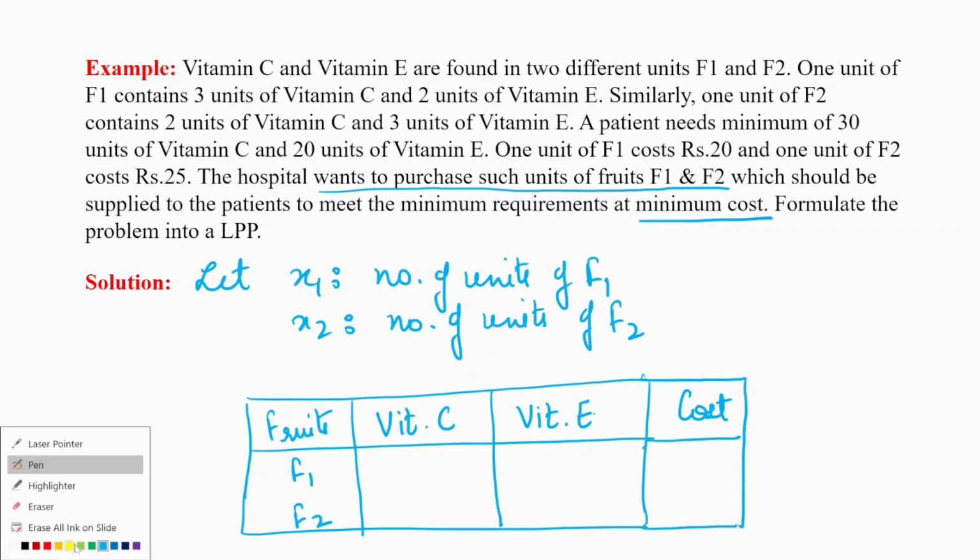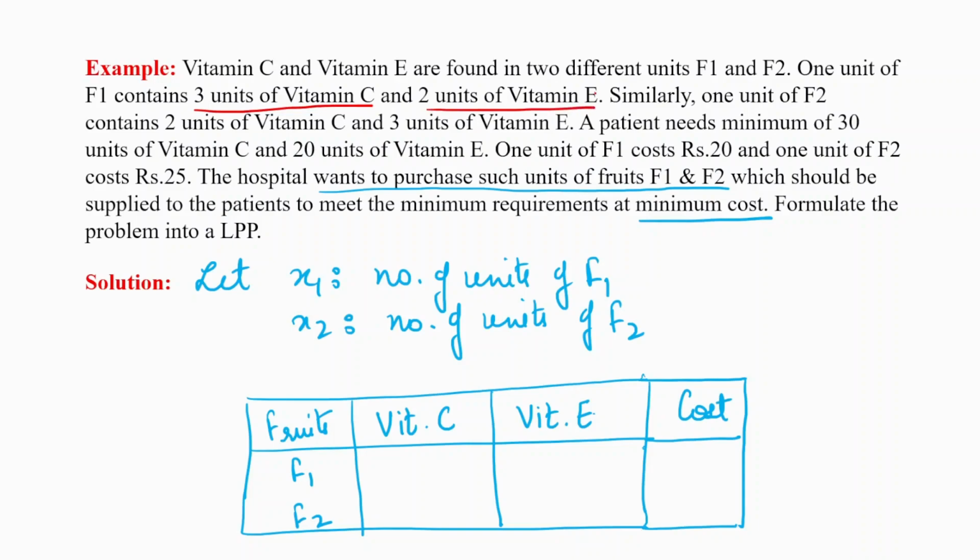So let me take another color pen. 3 units of vitamin C and 2 units of vitamin E, we are talking about fruit one. So 3 units, 2 units. Similarly, for 1 unit of F2, 2 units of vitamin C and 3 units of vitamin E. Now a patient needs a minimum of 30 units of vitamin C. So 30 units are required, this would be the requirement of a patient.